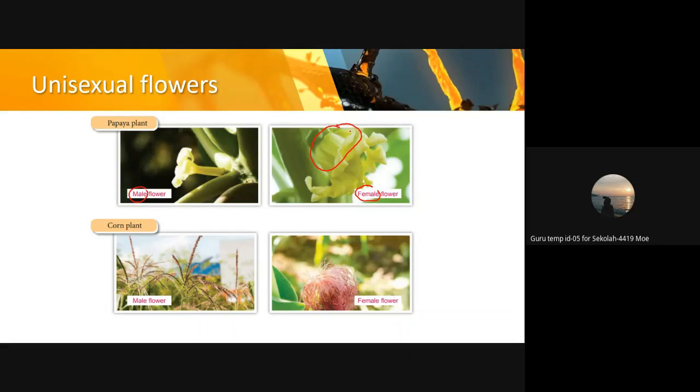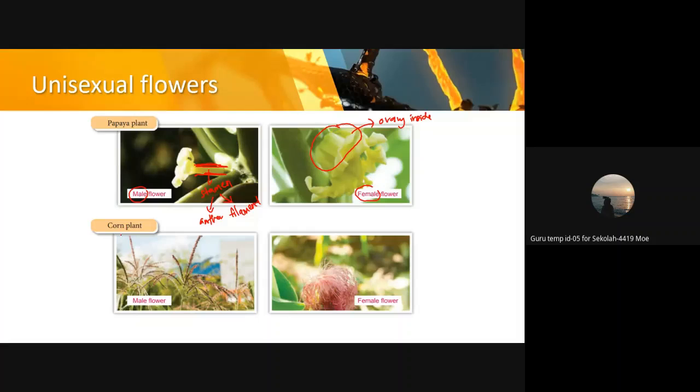Because it has an ovary inside, and the ovary is a bit big, so that's why it is bigger here. Meanwhile for the male flower, this part is longer, right? Why? Because this is actually the stamen, which consists of anther and filament.